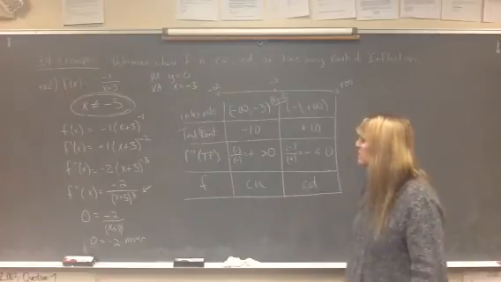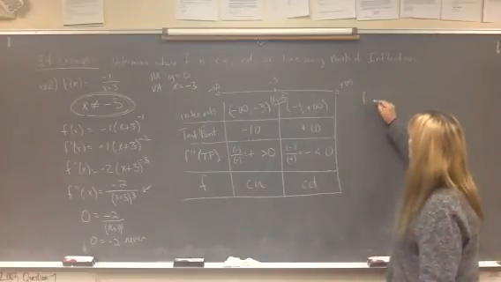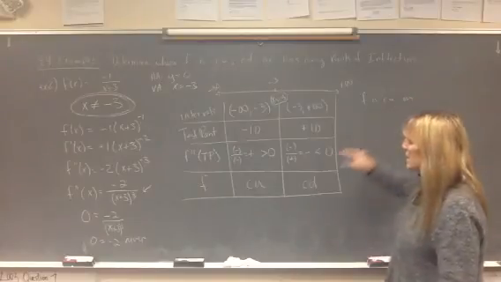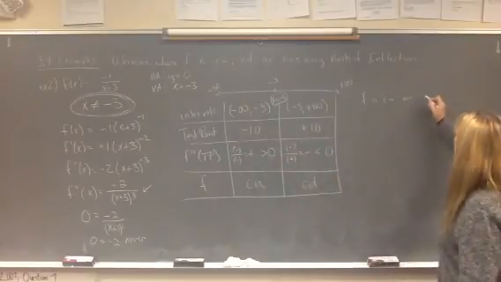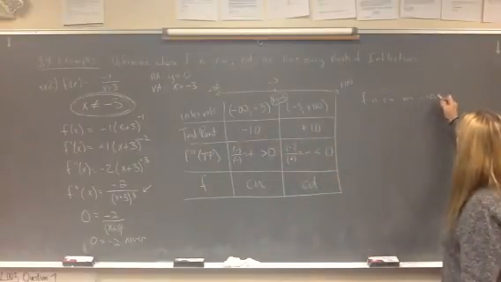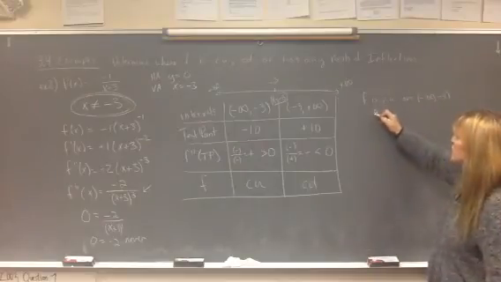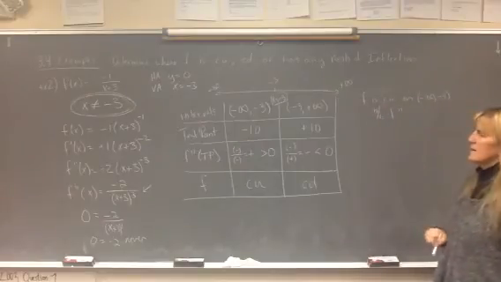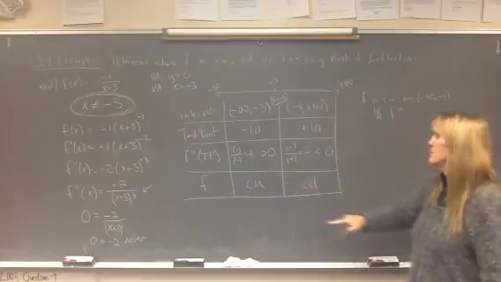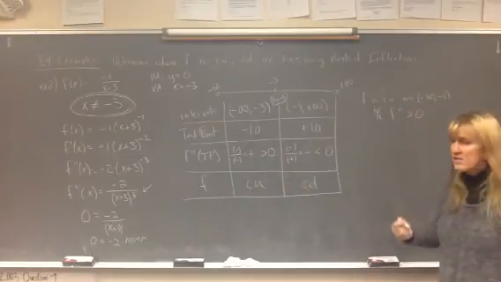Okay, what do I know? I know f is concave up on -infinity to -3. And I know that that's true because why? The second derivative is greater than 0, or positive.